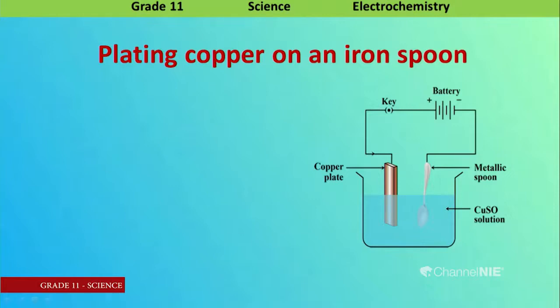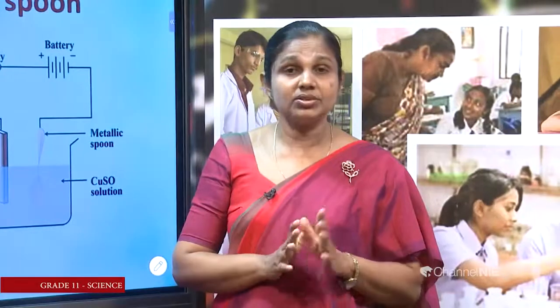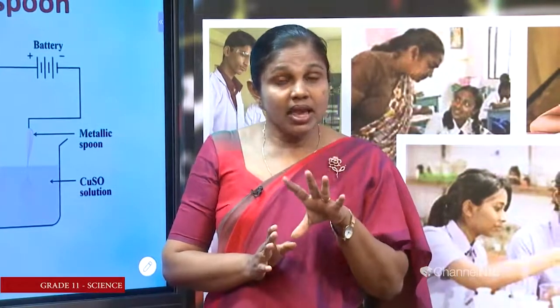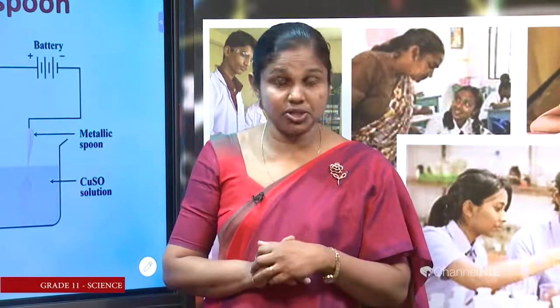Why is that, children? Initially we used only carbon rods and both electrodes were carbon. Now the anode has been replaced by a copper plate. The reason is this, children. When we want to plate a certain metal continuously on the cathode, there should be a continuous ion supply in the solution, right?